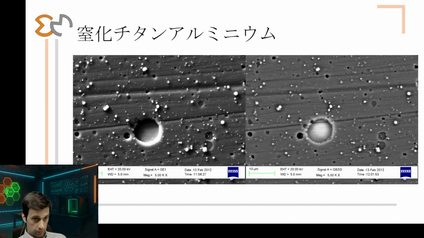On the right, we see that where there is that huge hole, we have a white signal. White signal means heavier elements. And the explanation is very simple. The coating is lighter than the substrate. So only that defect is deep enough to reach the substrate.